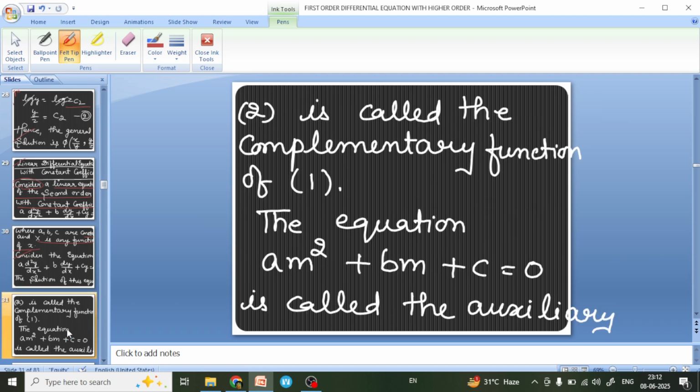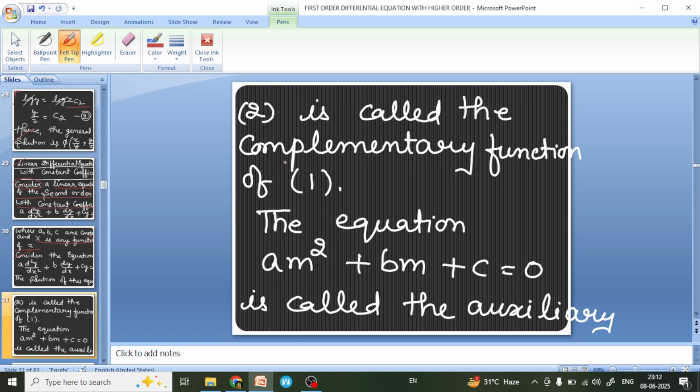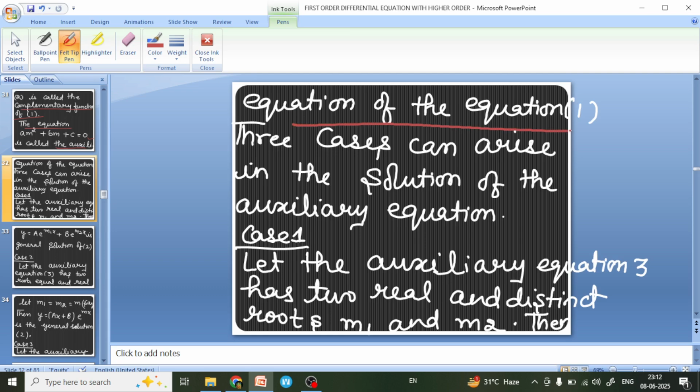The solution of this equation 2 is called the complementary function of 1. The equation am square plus bm plus c is equal to 0 is called the auxiliary equation of equation 1.